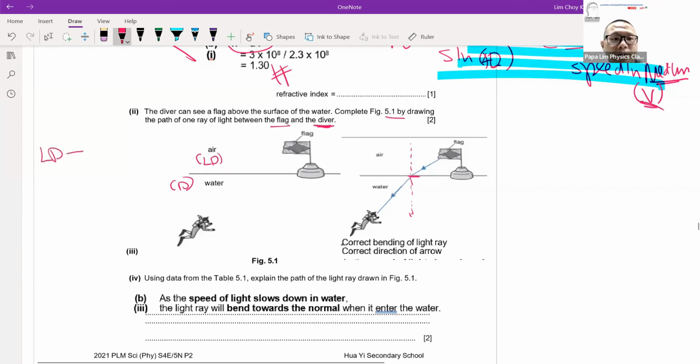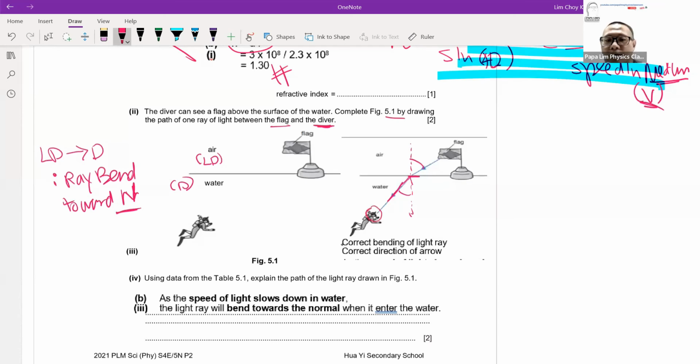The ray must bend towards the normal, which is what the picture mentions. This ray bends towards the normal, and it must also enter the eye of the diver. Then you get 1 mark straight away. It's a simple 2 mark question.